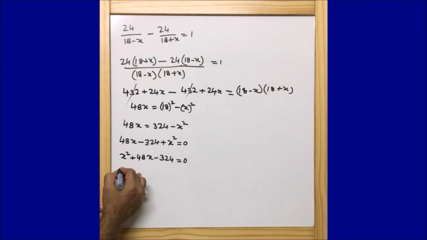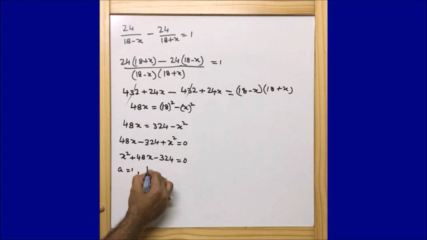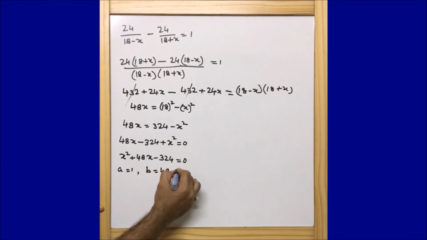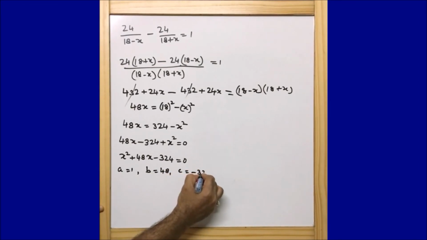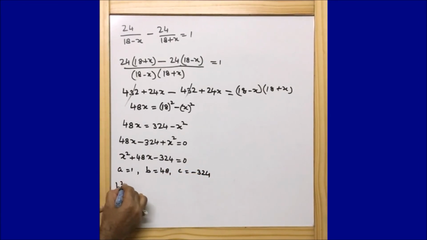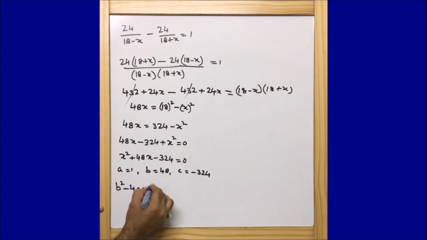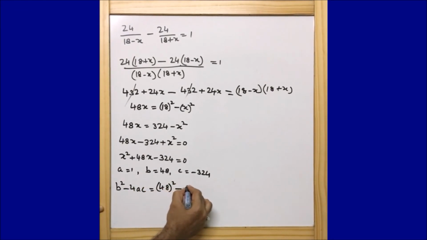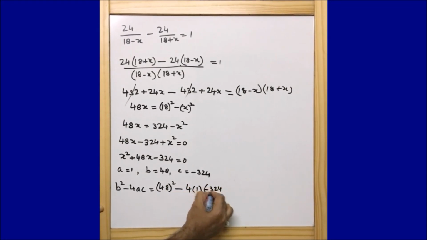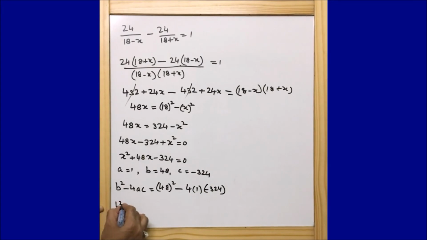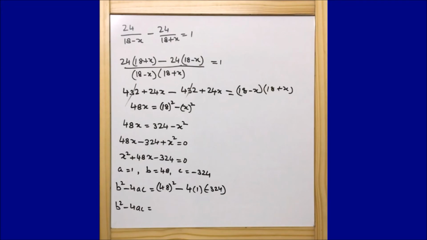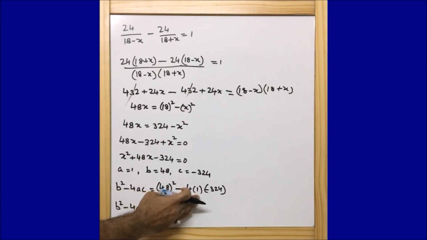Here a is equal to 1, b is equal to 48, and c is equal to minus 324, and b square minus 4ac is equal to 48 square minus 4 into 1 into minus 324.